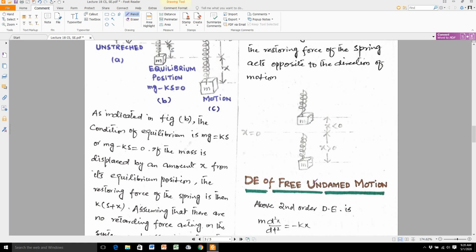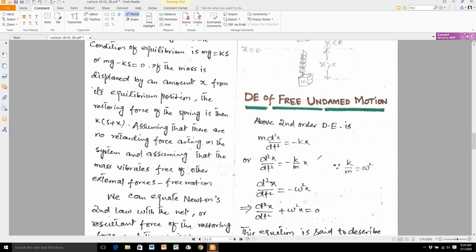Now, the differential equation of free undamped motion. We are moving towards how we can model a differential equation of free undamped motion. The above second order differential equation is m d squared x over dt squared is equal to minus kx.